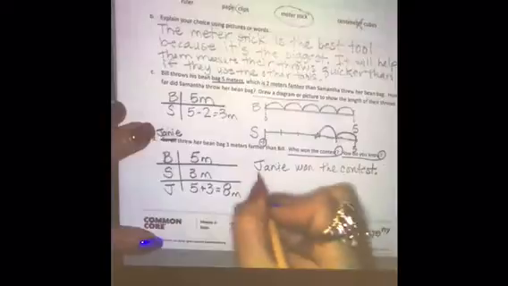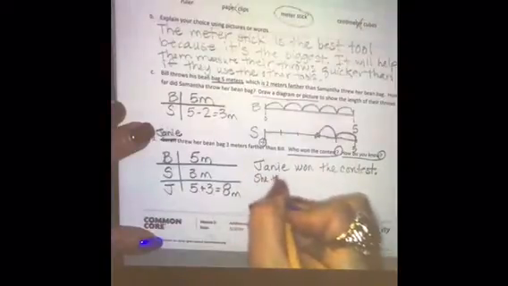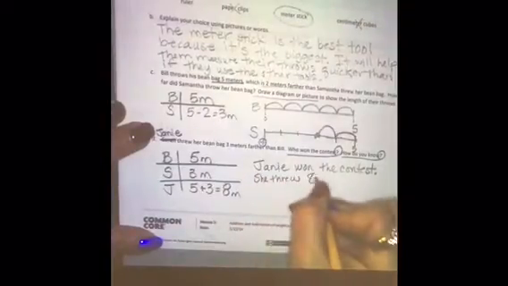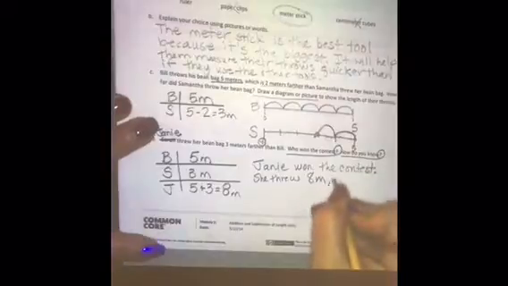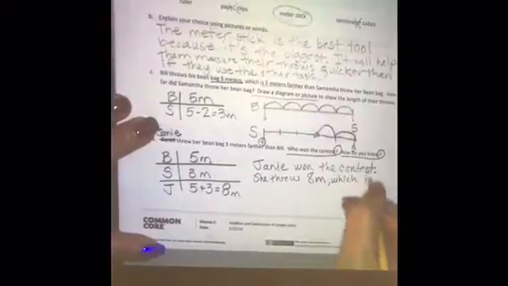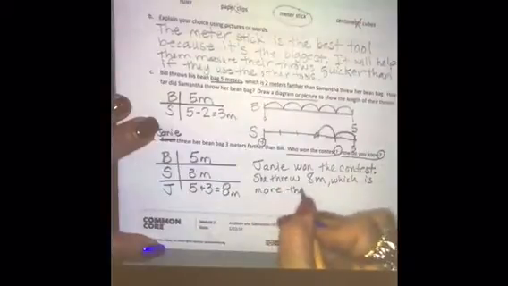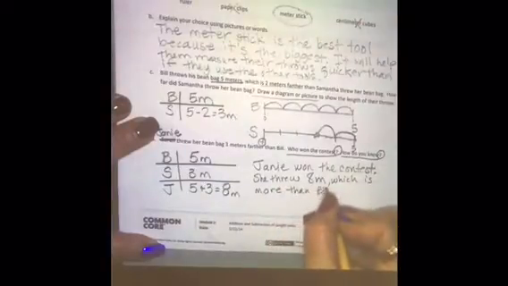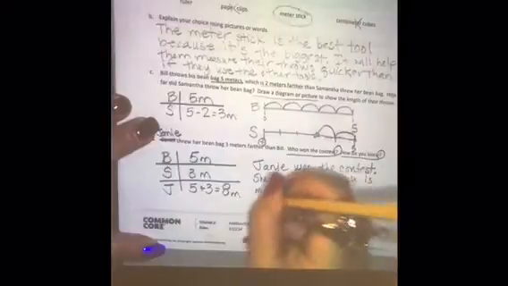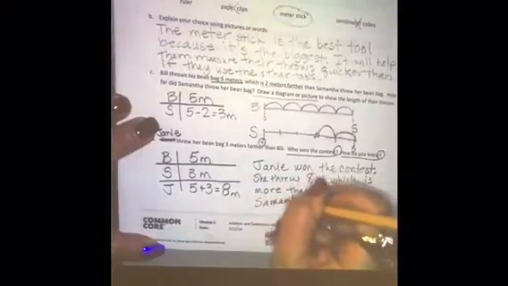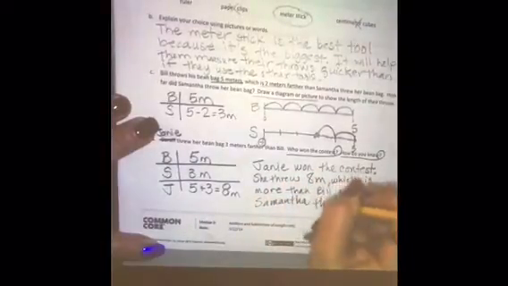How do I know? Well, she threw 8 meters, which is more than Bill or Samantha threw.